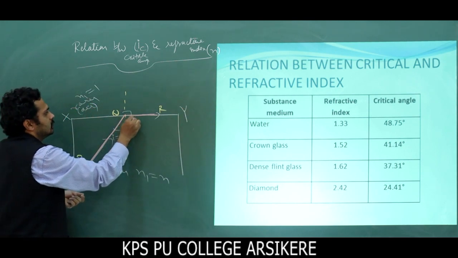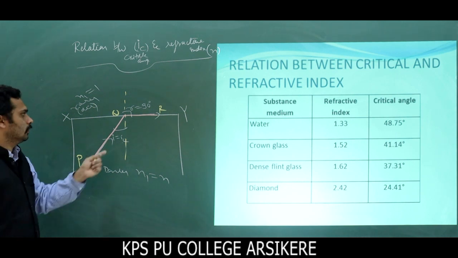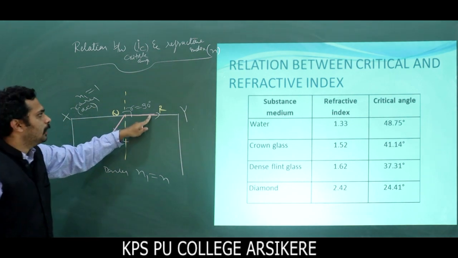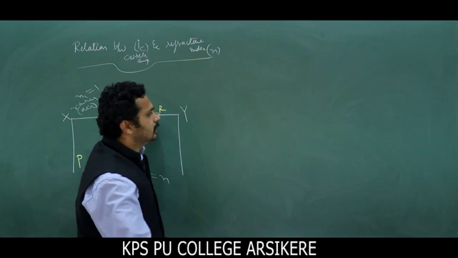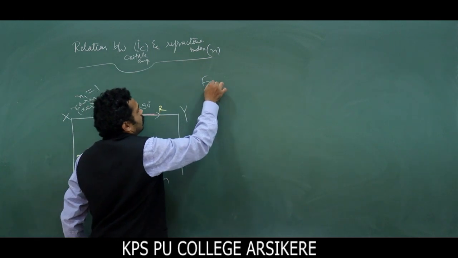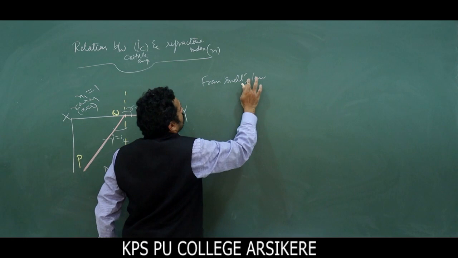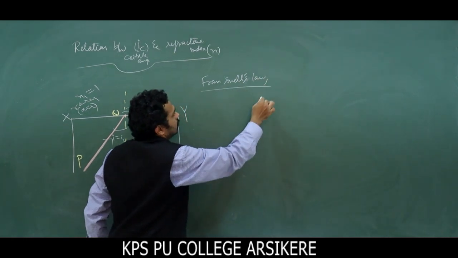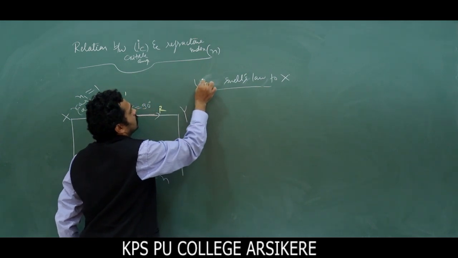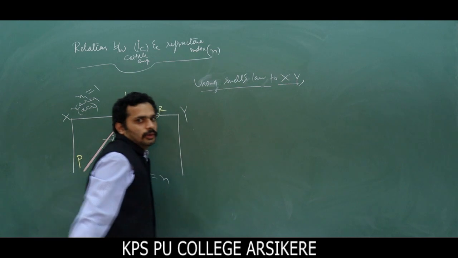I is equal to IC, and R is equal to 90 degrees. Now, to this interface, apply Snell's law of refraction. From Snell's law, applied to XY.